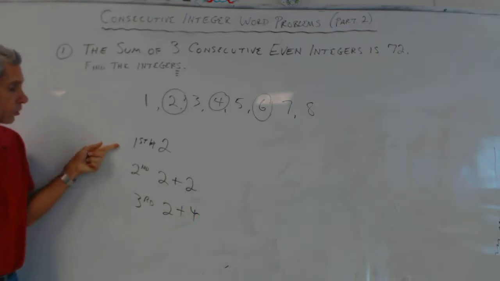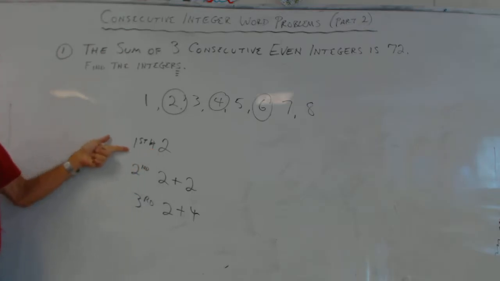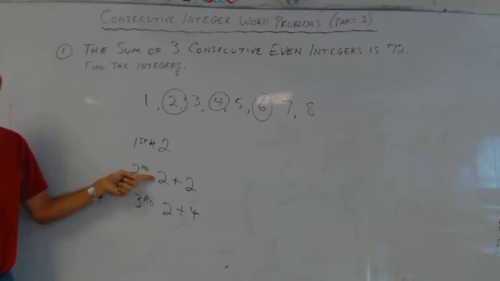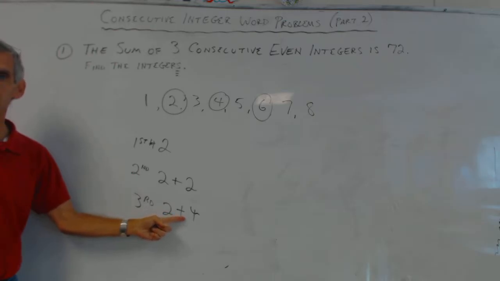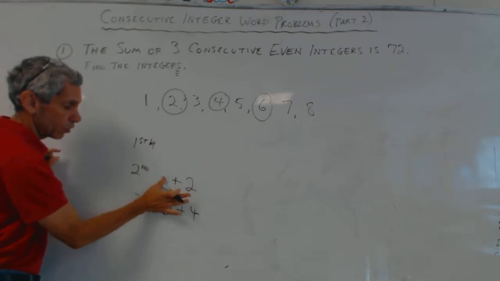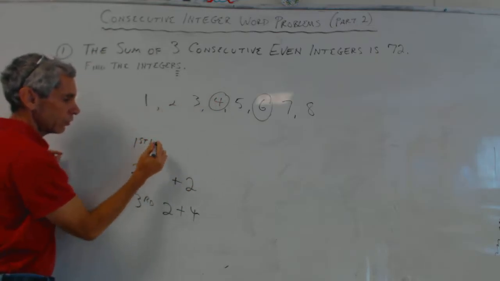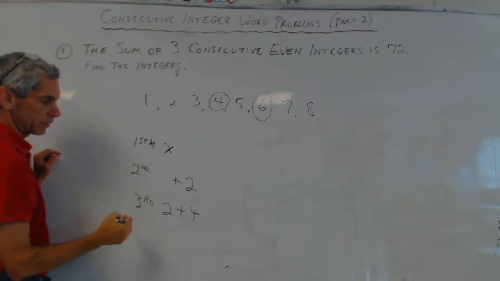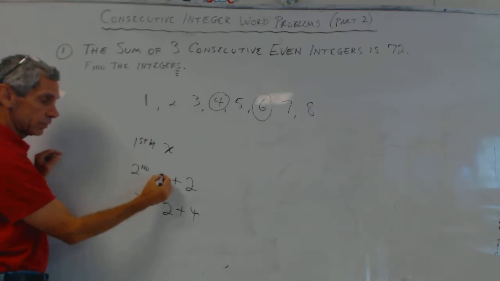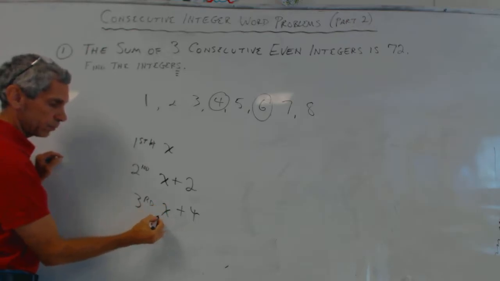Okay? So that's assuming my first number is 2. So if it was 3 consecutive integers, it would be 2, 2 plus 2, and 2 plus 4. Now, if it's not a 2, and I don't know what it is, my first number is x. My second number is x plus 2. And my third number is x plus 4.